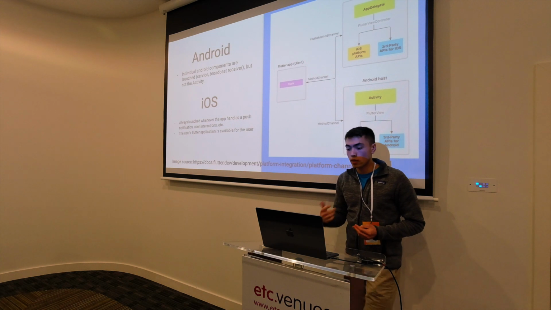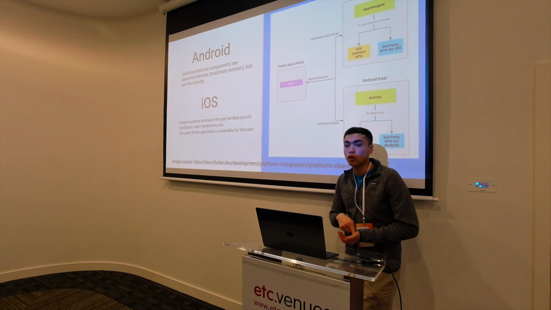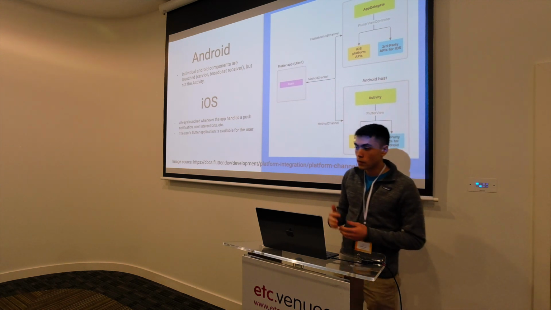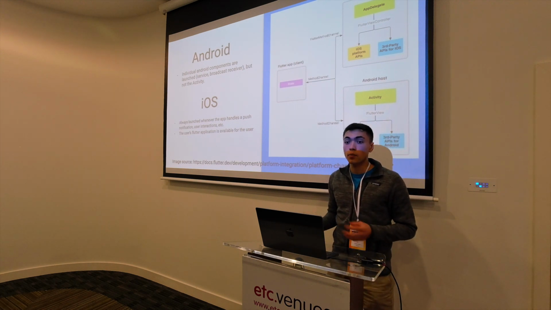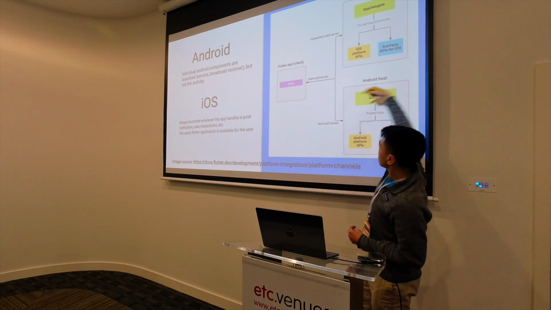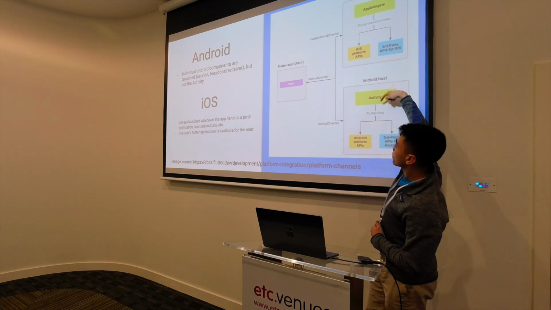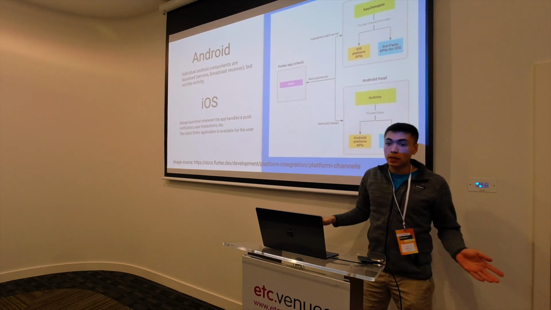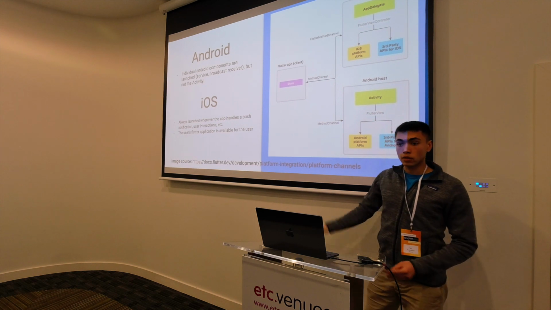If someone presses the application icon, they launch an activity. But if a push notification comes in, you don't want a UI to be launched all the time. In fact, you don't want any UI to show up. So in that case, because it's not an activity, the Flutter view doesn't get launched on Android. So your Flutter application doesn't run by default if a message comes in.